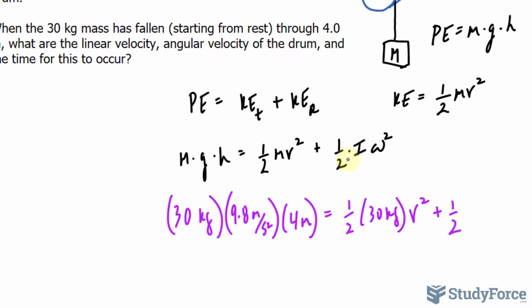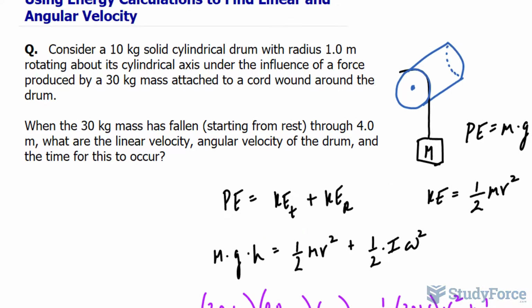And the moment of inertia for a cylindrical drum like this has a special formula, where I is equal to m times r to the power of 2, m being the mass, r being the radius, divided by 2. Now, depending on the shape of the object that's spinning, this formula changes. So for a cylindrical drum, it looks like that.